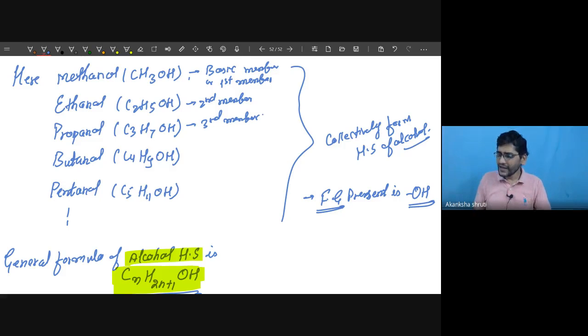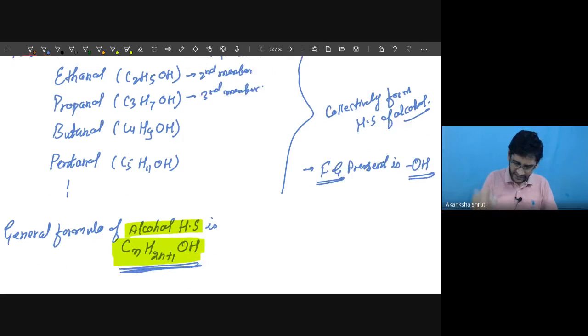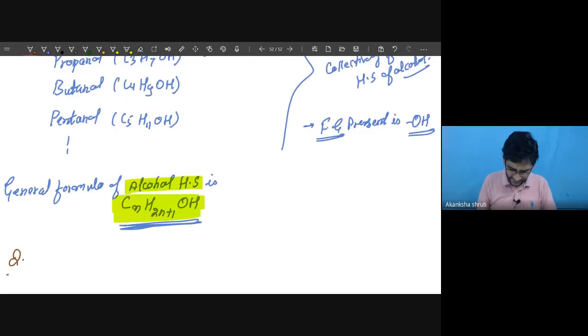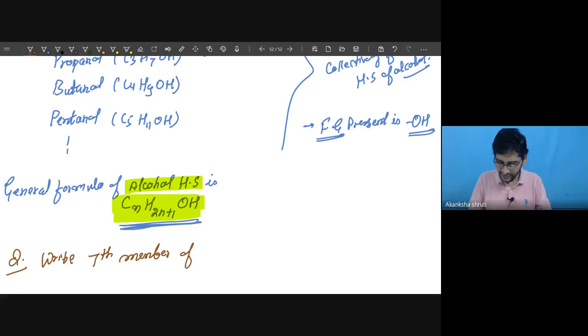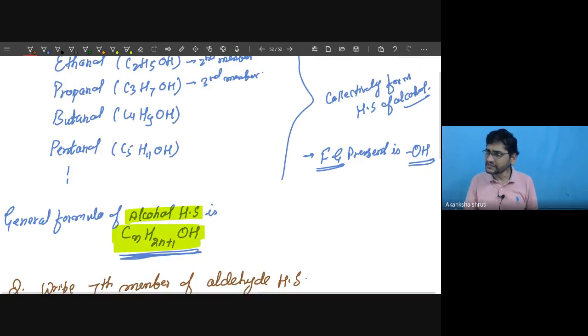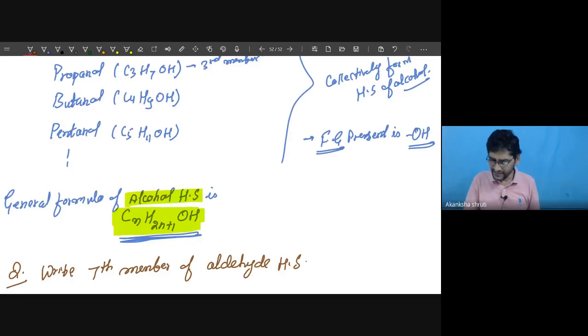Students, likewise, a question is asked like this: write the seventh member of the aldehyde homologous series. So you have to write down the homologous series of aldehyde and tell which one is falling at the seventh.